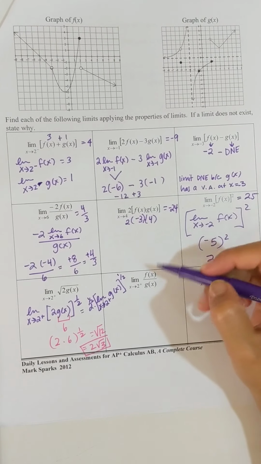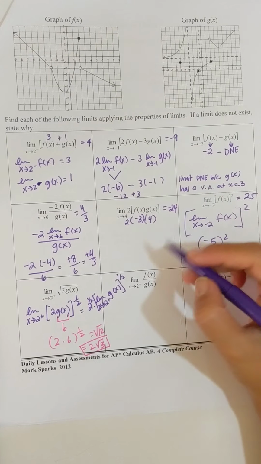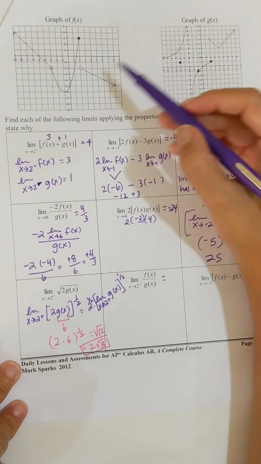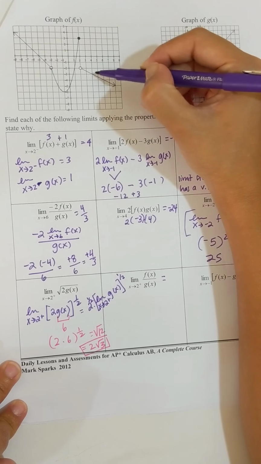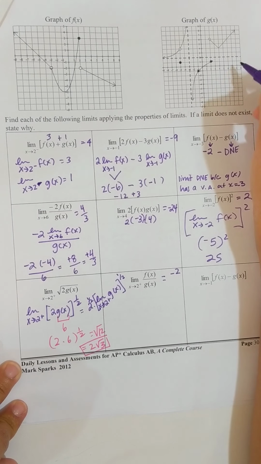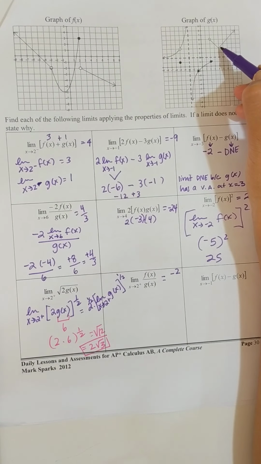All right, so now we have the limit as x approaches 2 to the right of f of x over g of x. So we just need to figure out what 2 to the right of f of x is and 2 to the right from g of x is. So let's look. 2 from the right side of f of x, it is approaching -2. 2 from the right side from g of x, what is it approaching here?